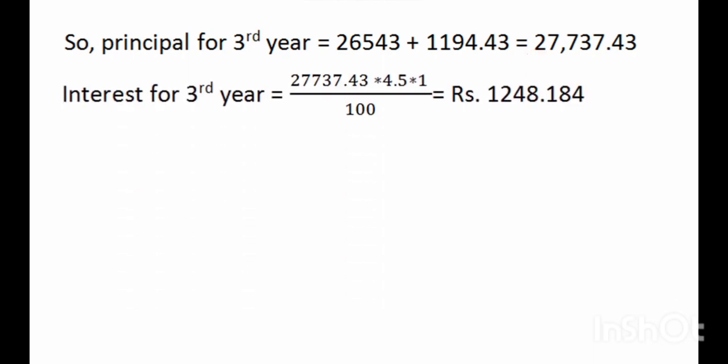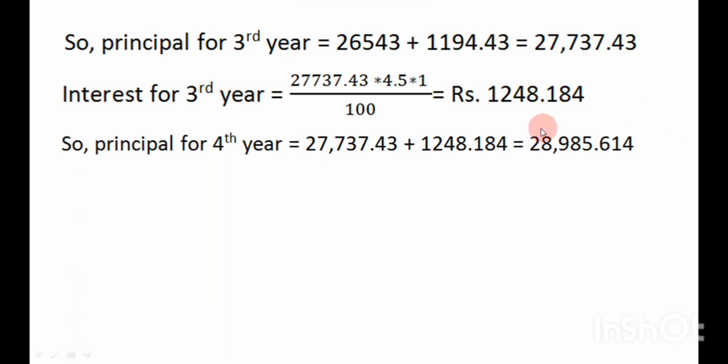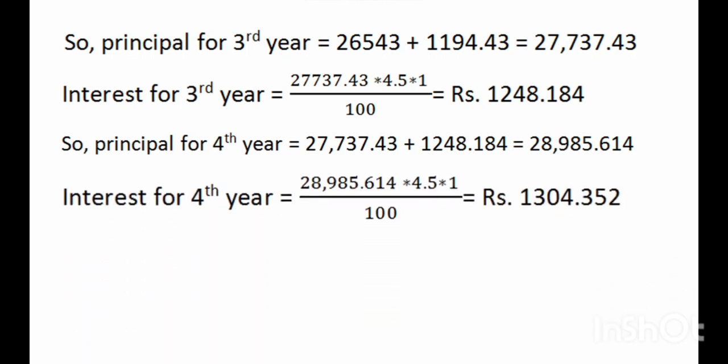From the interest, we will get the principal for fourth year. So we will get an answer 27,737.43 plus 1,248.184. Once we add the numbers, we will get the principal for fourth year, which is 28,985.614.